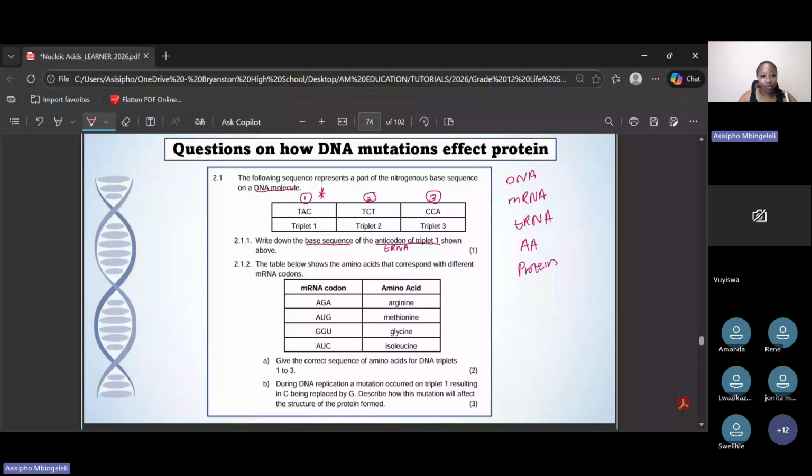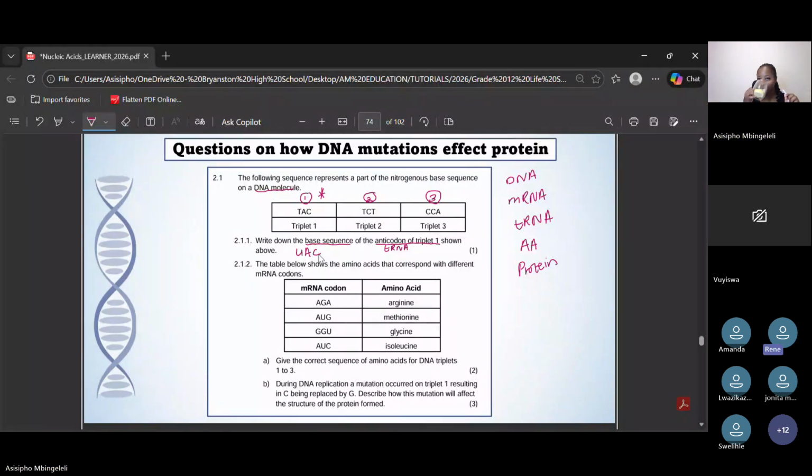Is it UAC? Okay, let me go back to my notes. UAC, that is correct. So the anticodon here will be UAC. How did you get UAC, Renee?